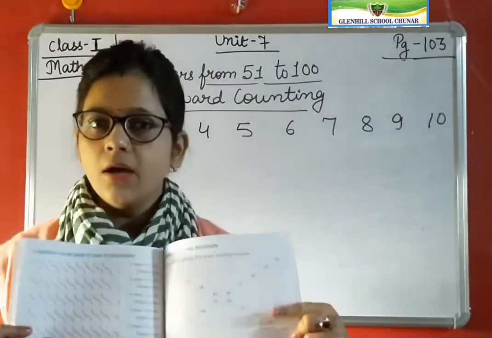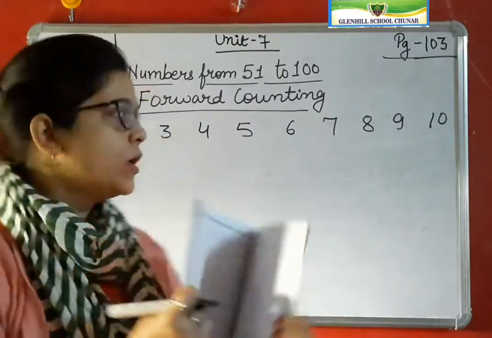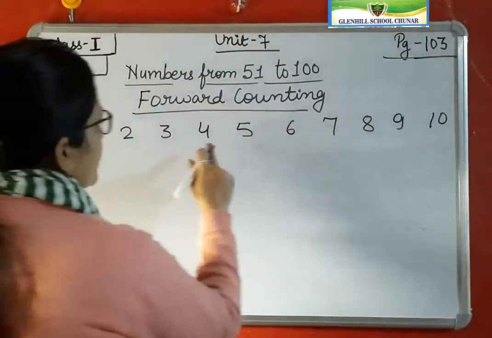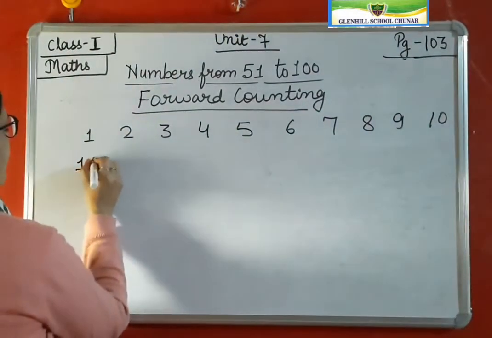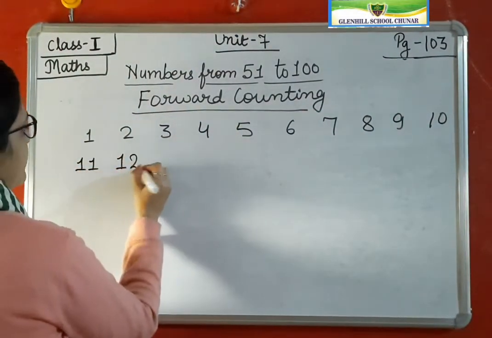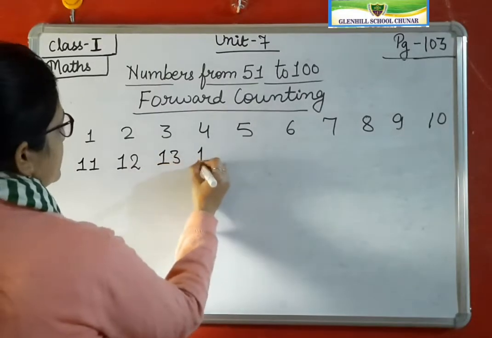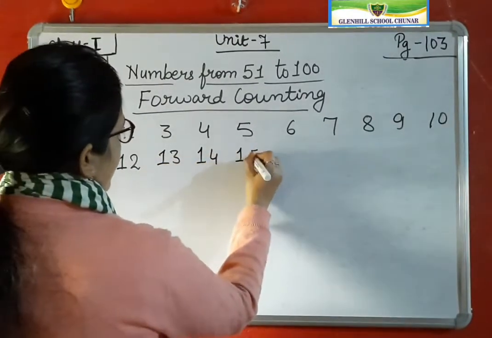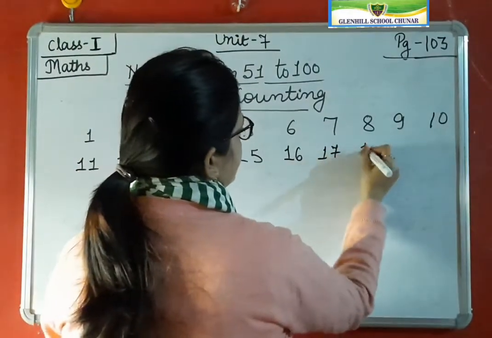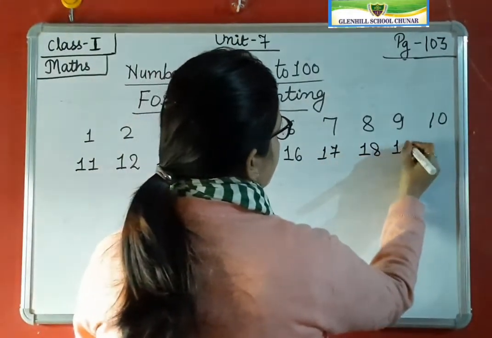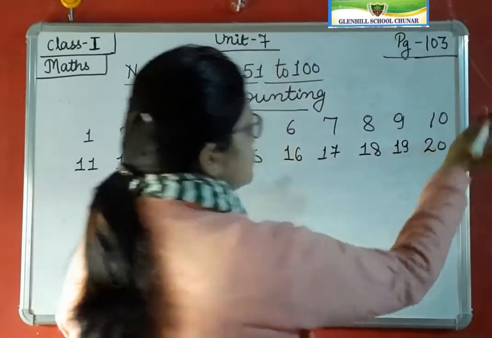So 1 to 10, after that 11 12 13 14 15 16 17 18 19 and 20.